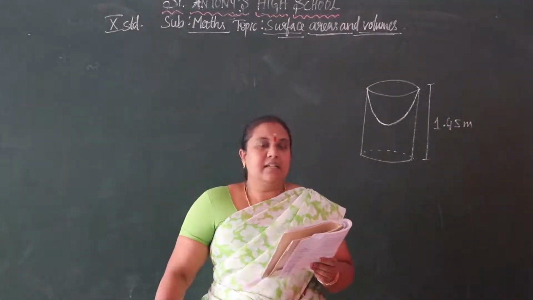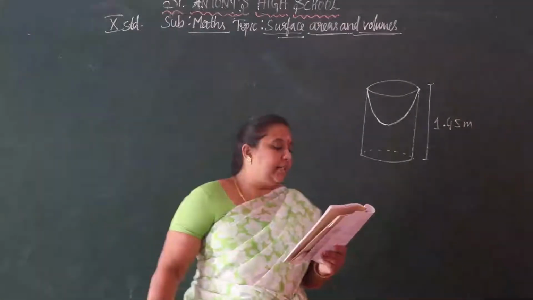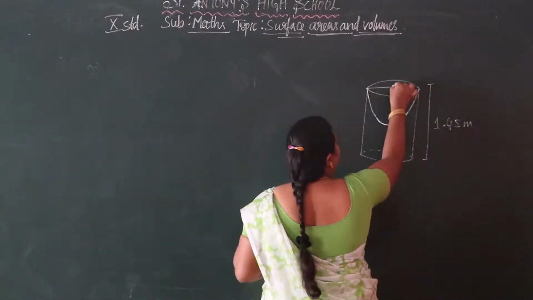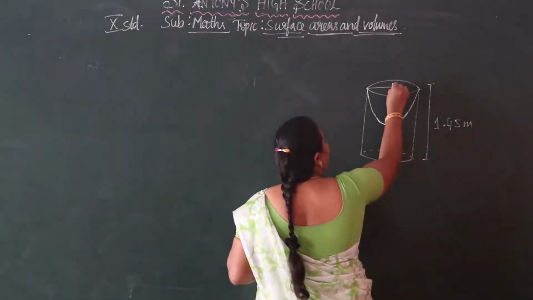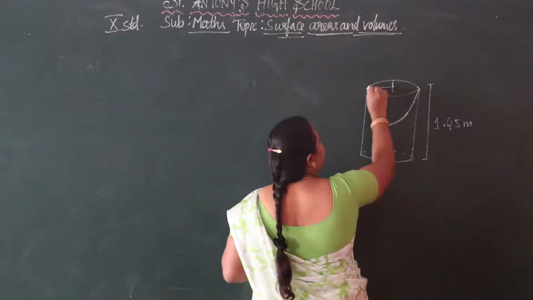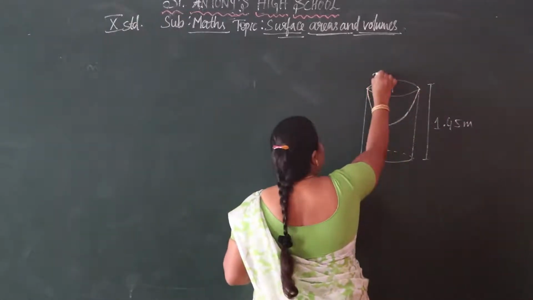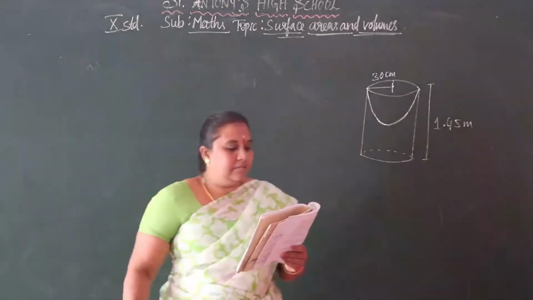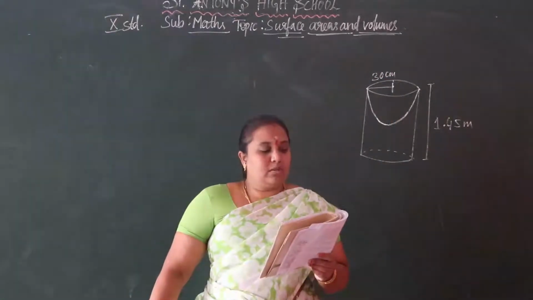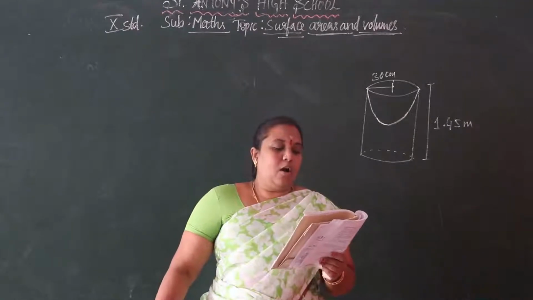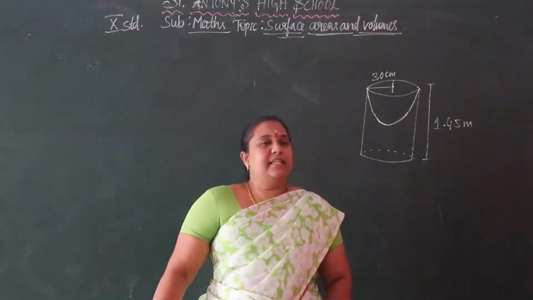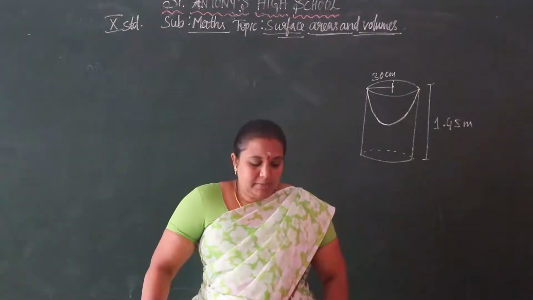Radius means this part, the center to the edge of the diameter, that is 30 centimeter. Then find the total surface area of the bird bath.